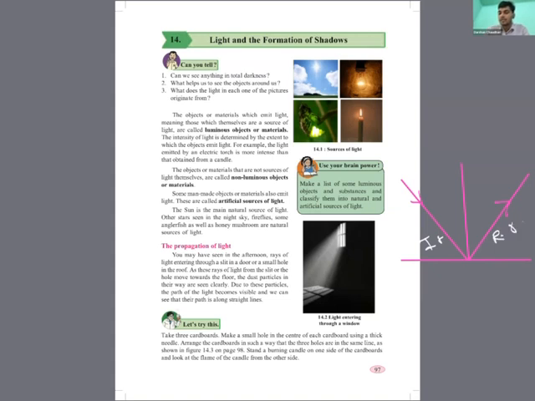The angle formed in between is the angle of incidence, and this is the angle of reflection. This is the imaginary normal, and this is the reflecting surface.